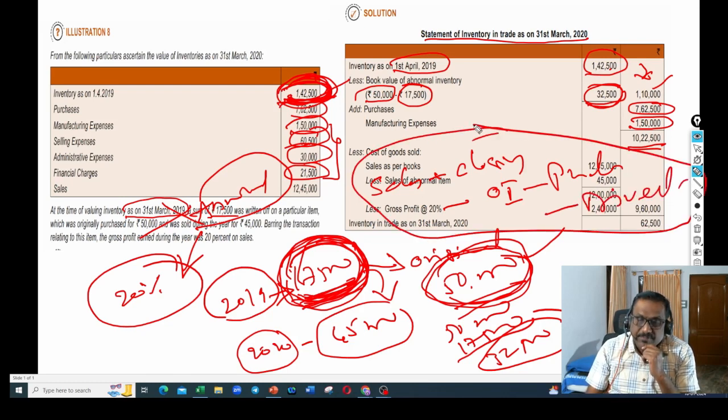So with this, they will calculate the gross margin. That is how we prepare the trading and profit and loss account. Direct expenses are manufacturing expenses. So when we remove all these things, whatever you get, that will be your gross margin.